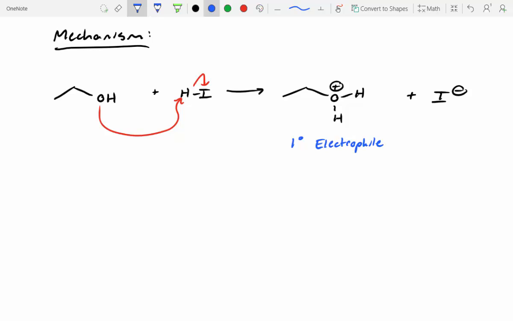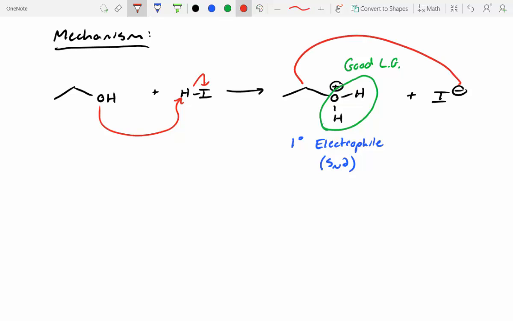That means it's going to be SN1, SN2? SN2, okay. All right, but look at this now. We've got a good leaving group. We just said previously that water makes a really good leaving group because when it gets shoved off, it's a neutral molecule. So now this iodide can come around, do this backside attack, kick off water.